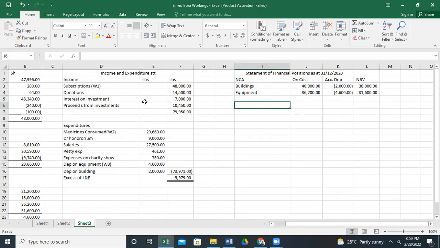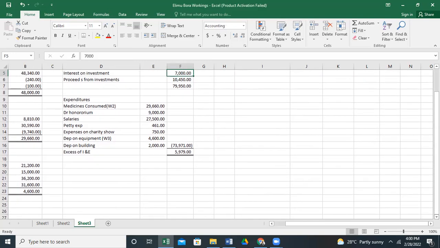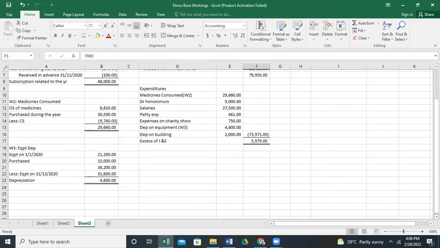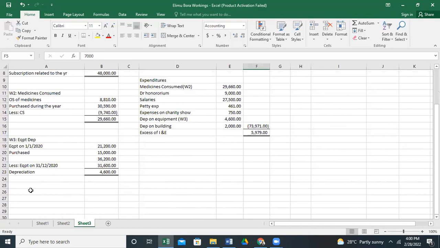So here we need to look at the investment. Our interest on investment is what will guide us. Our interest was 7. Let me just write it down here. We were in working number 3. I can have working number 4 for purposes of logical sequencing.